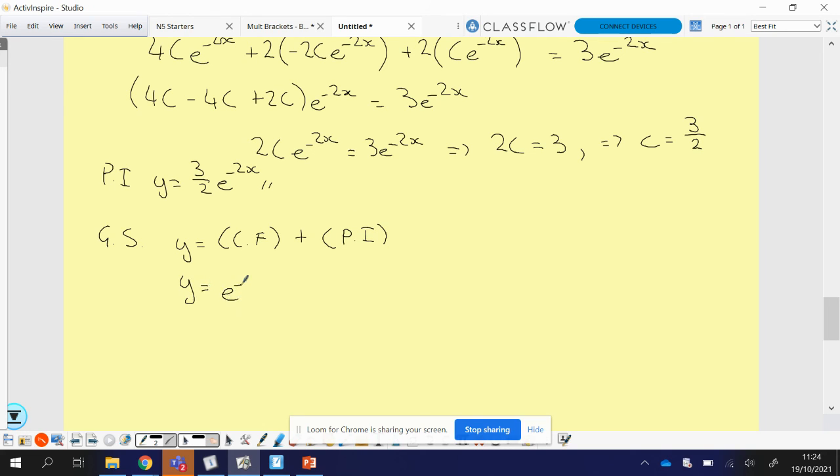So y equals e to the negative x, a cos x plus b sin x, plus the particular integral, which is 3 over 2 e to the negative 2x. So that would be my solution. Any questions?